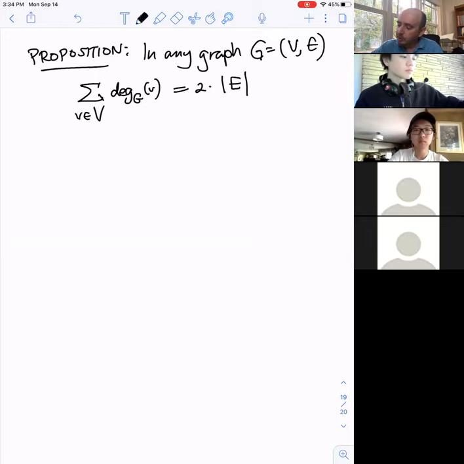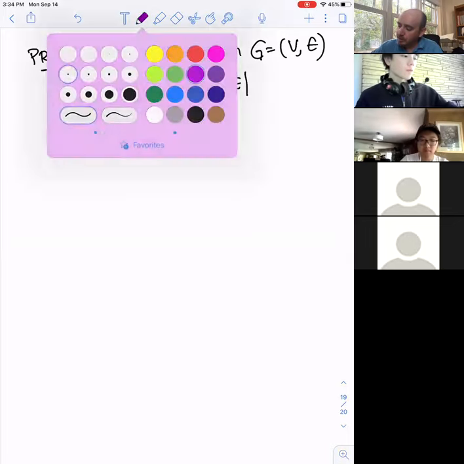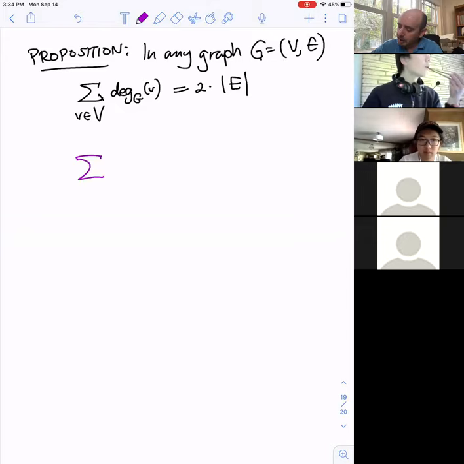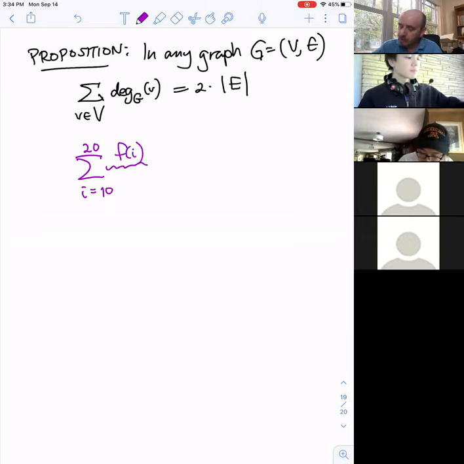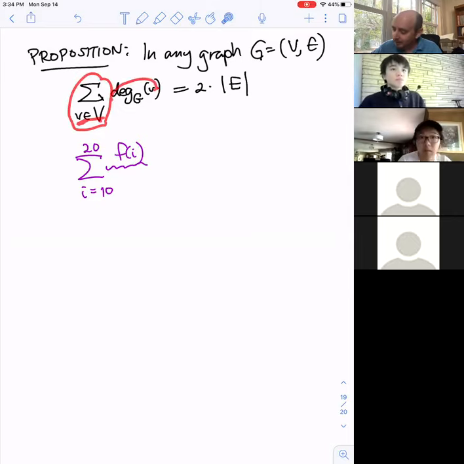You're probably much more used to summations that always look like a summation as i goes from 10 to 20 of some function of i. But are people used to the idea you can have summations over any set and have something that's your summand inside that just depends upon that thing, the little v in the set?